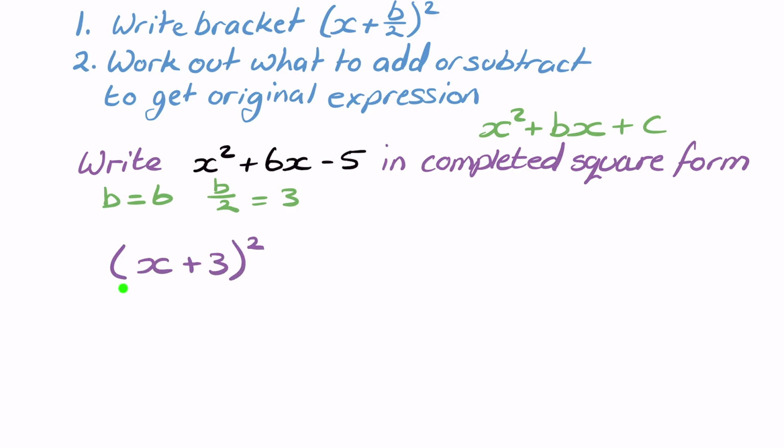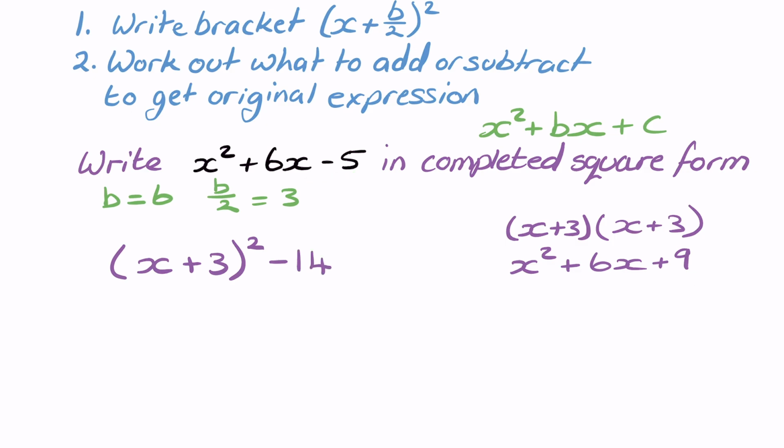And then if we were to expand this bracket, that would give us x² plus 6x plus 9. And if you look at our original expression, we wanted -5 and we have +9. So what do we have to do to make +9 into -5? We have to subtract 14. So that expression there is now written in completed square form.